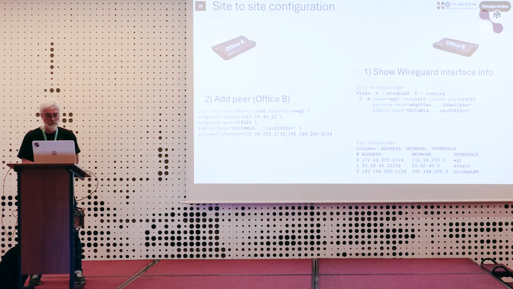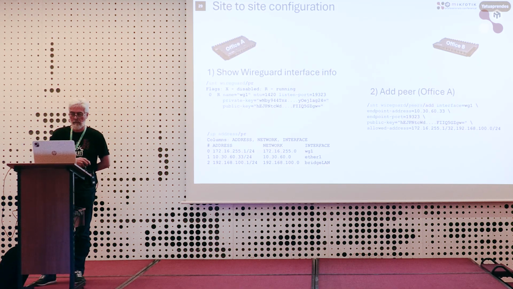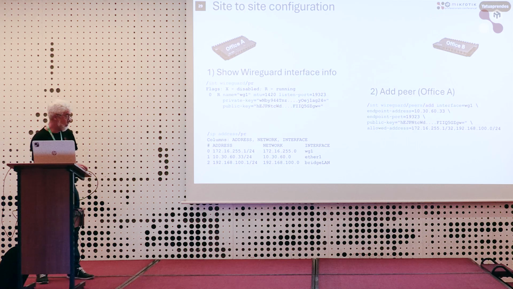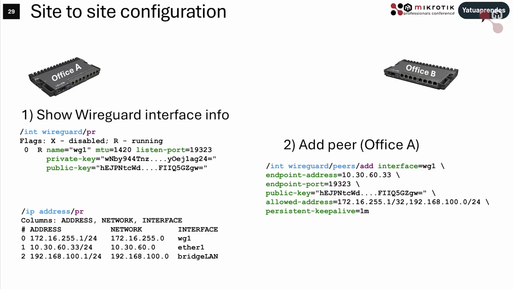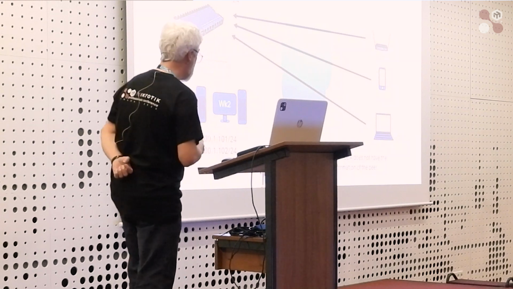Okay. In Office B, this allowed address is like a routing table.